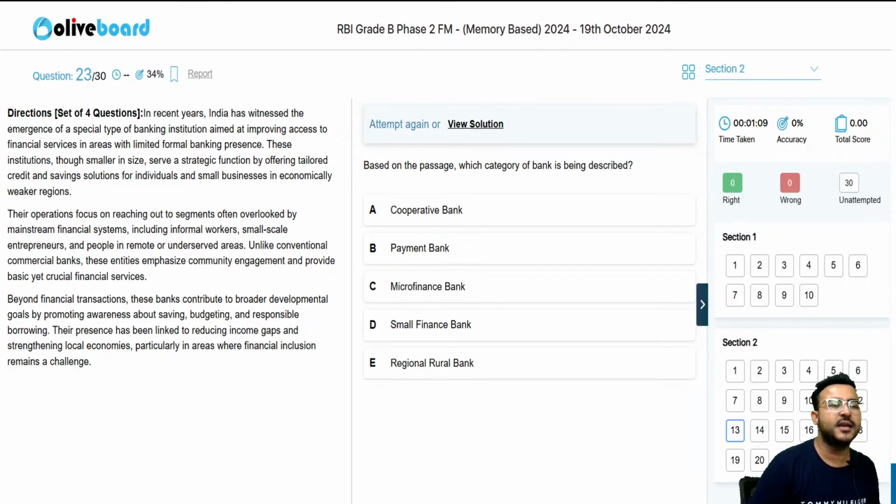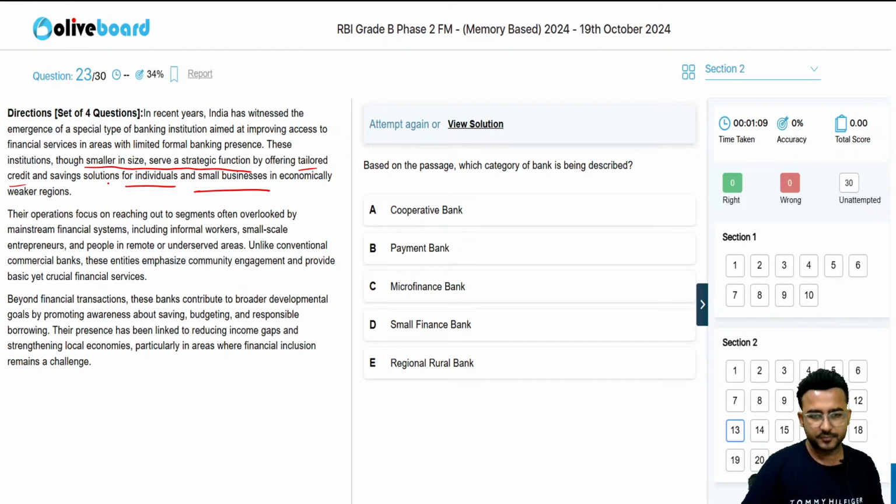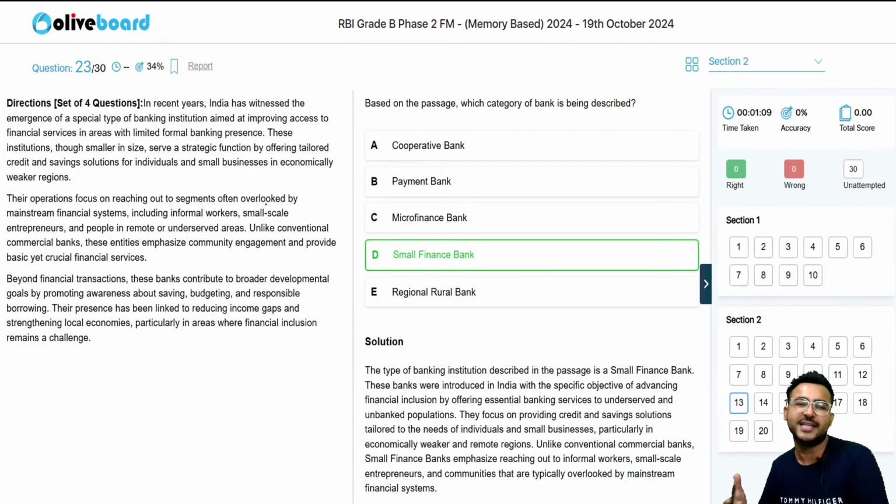Now they have clearly given you the hints in the para: smaller in size, strategic function, individuals and small businesses. They are giving tailored credit service, and we all know that the banks giving tailored credit service are nothing but small finance banks, guys.